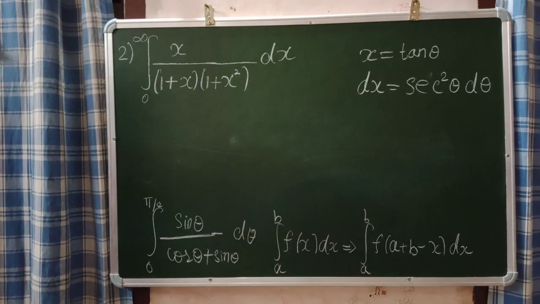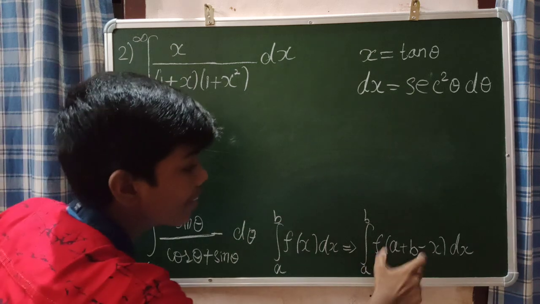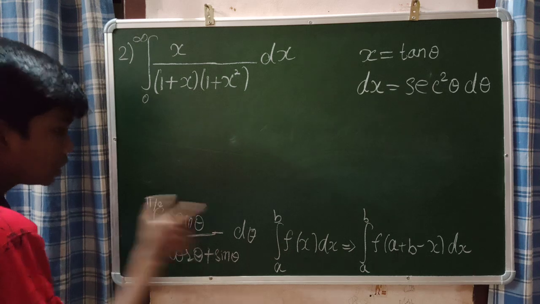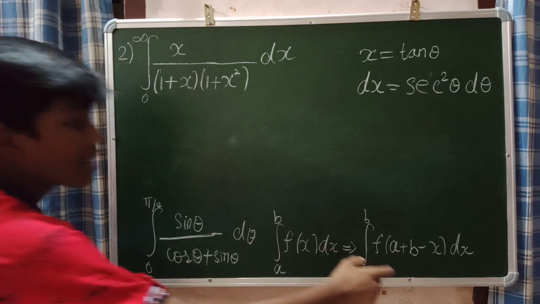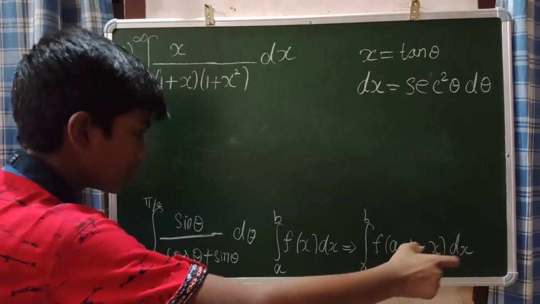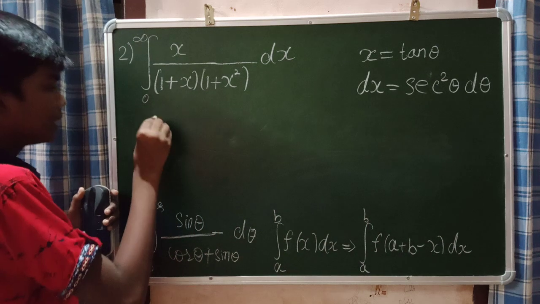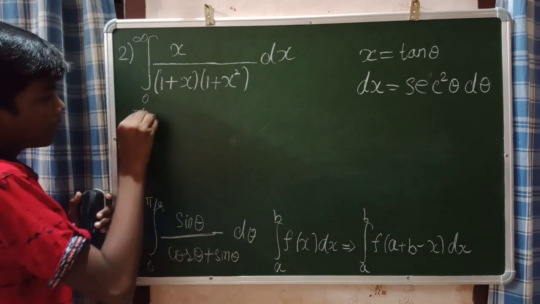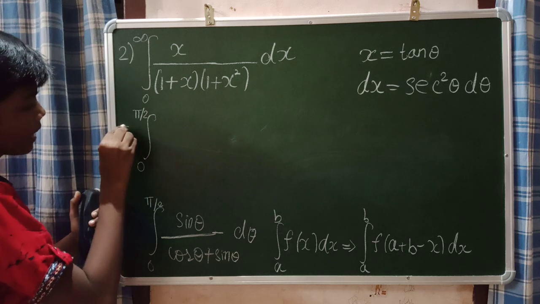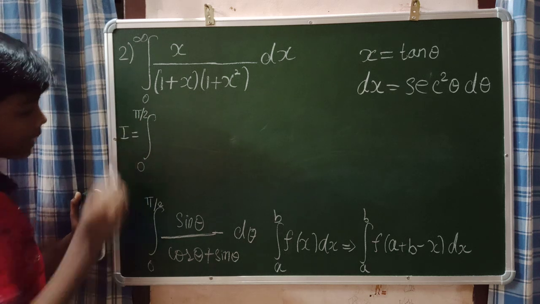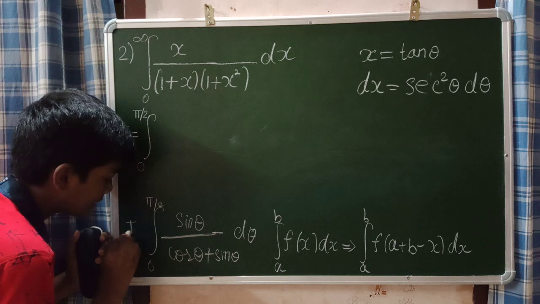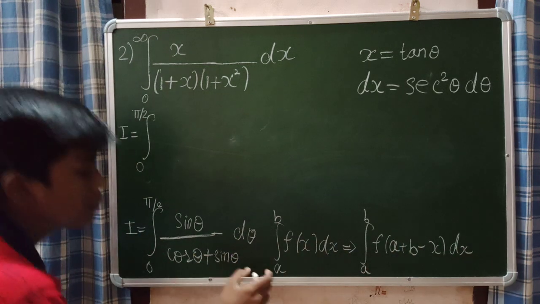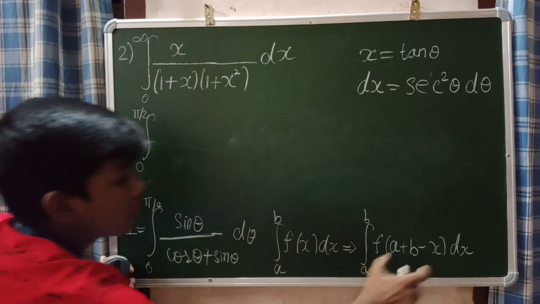So apply this here. Integration of f of a plus b. What is a plus b? 0 plus pi by 2, so it is pi by 2 only. So f of pi by 2 minus x. When you do f of pi by 2 minus x, I will write this integral as I, and the other integral will also be I. So f of a plus b is 0 plus pi by 2, so f of pi by 2 minus x.